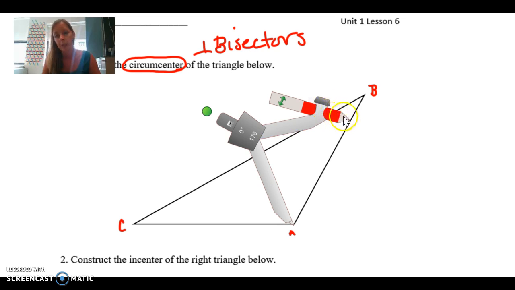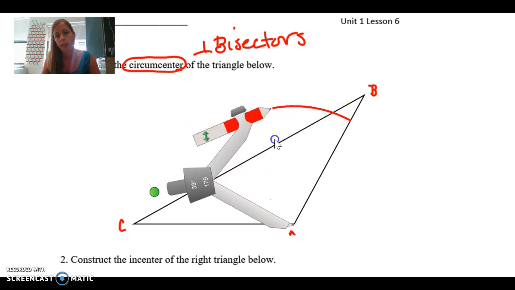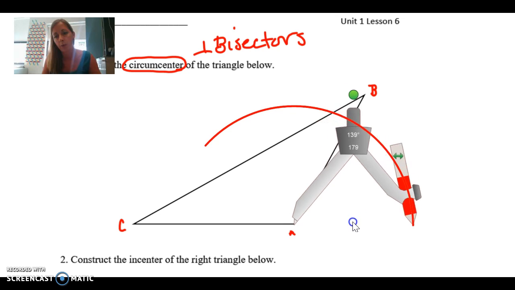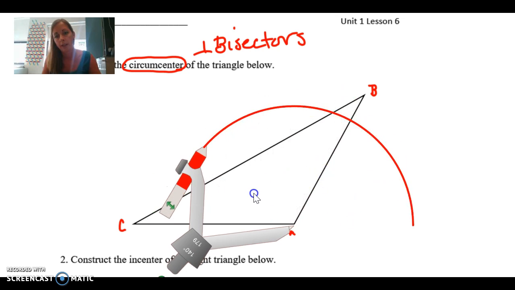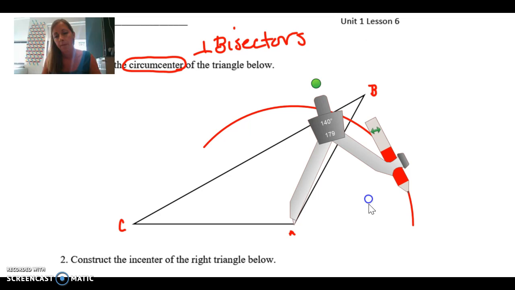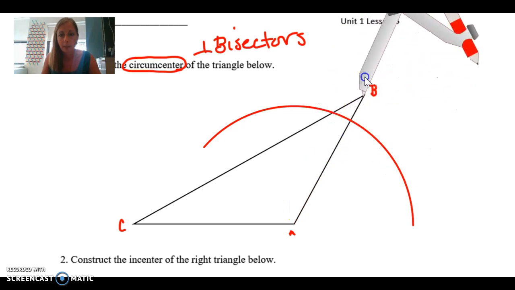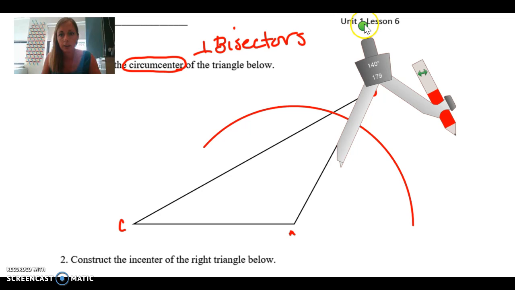And I'm going to go ahead and swing my compass to make an arc that goes both to the left and to the right of that segment. And so there's my arc. And now I'm going to flip-flop, and I'm going to move it so that the point of my compass is up on B, and the pencil of my compass is more than halfway from A to B. I'm going to have to turn this first.